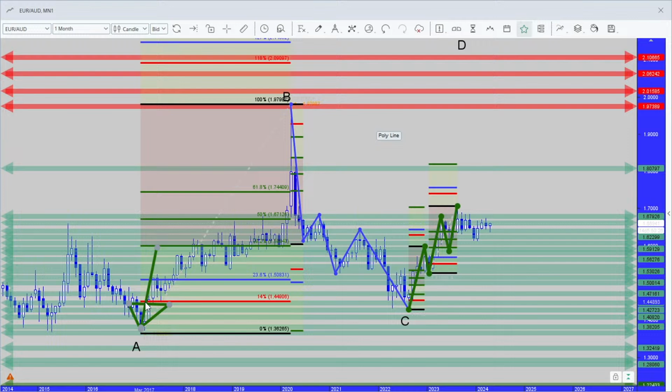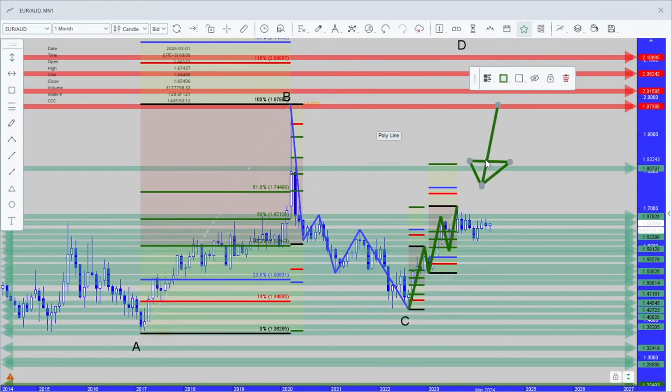So, long story short, ABC, we have an up Fibonacci, the original one. And now, is this Fibonacci in a retracement or is this Fibonacci in an extension? What do you think?